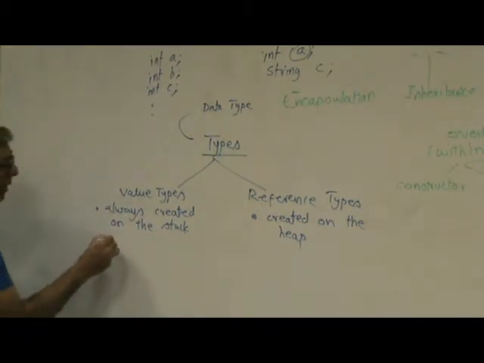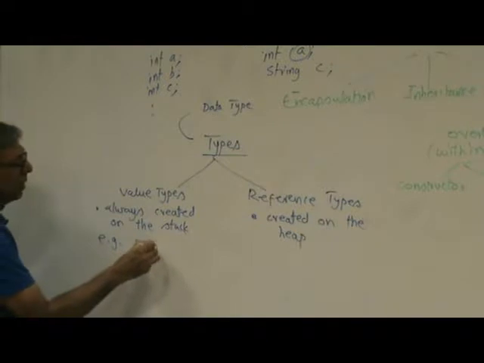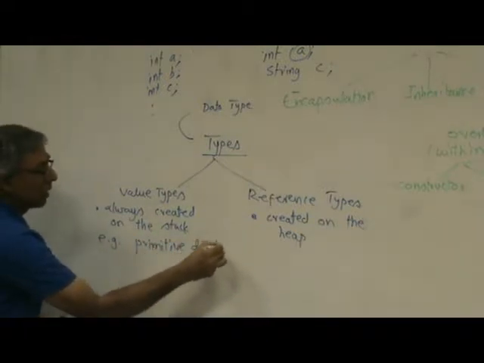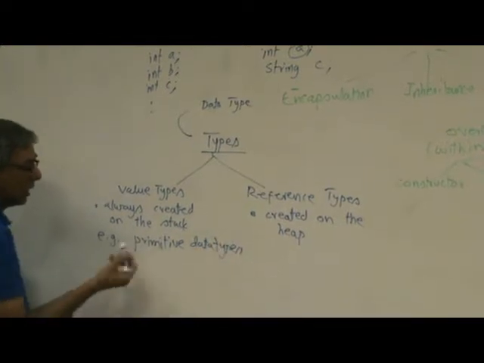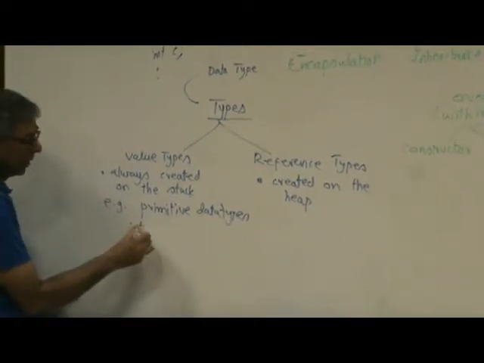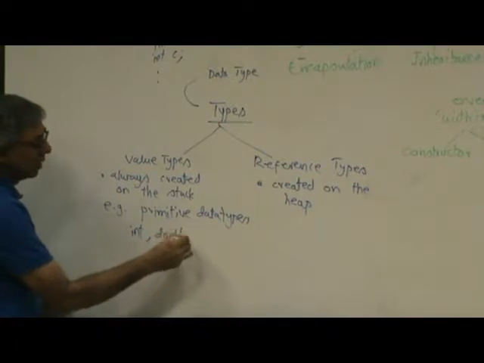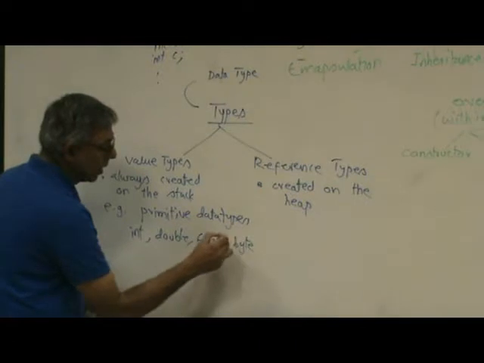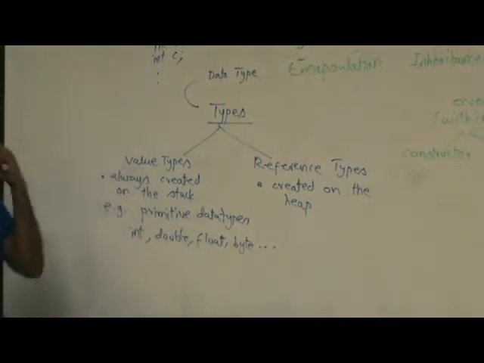The example is, for example, the basic or primitive data types, such as int, double, float, byte, and so on. Okay, so those are the basic data types, right?